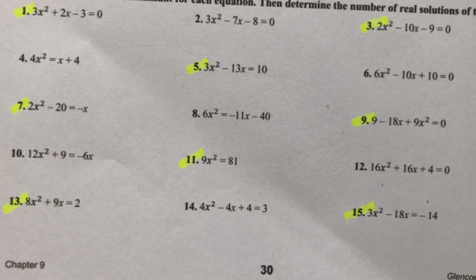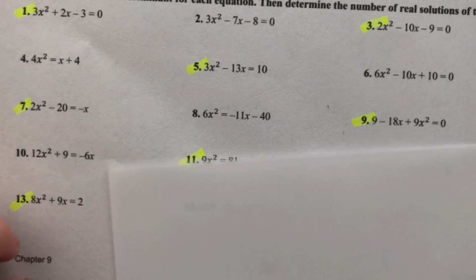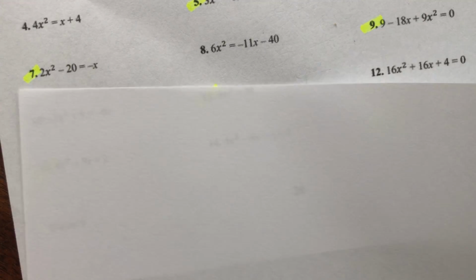Number 13. Get a sheet of paper here. Number 13, 8x squared plus 9x equals 2. It's crooked.